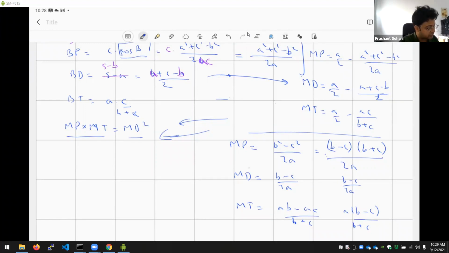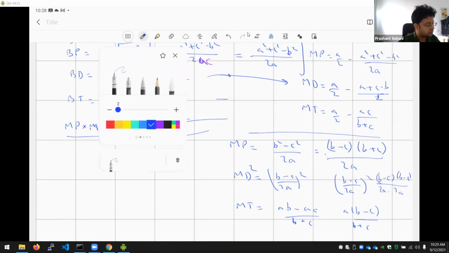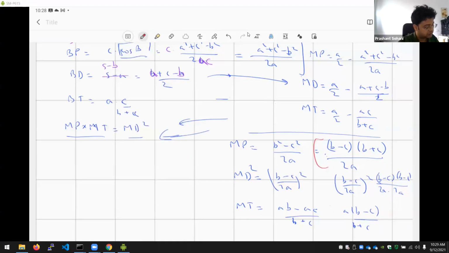So when I take MD square, there are 2 copies of B minus C in the numerator and 2A into 2A. So this will be equal to the product of these two. If I multiply this and this, then term by term everything will cancel out, because this B plus C will cancel out with the B plus C in the denominator, and B minus C and B minus C will become B minus C whole square, and 2A and A, what is happening there?